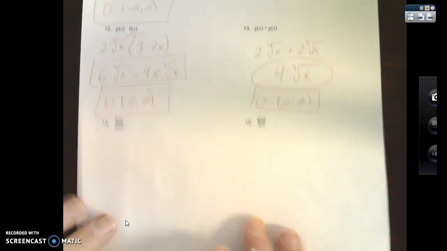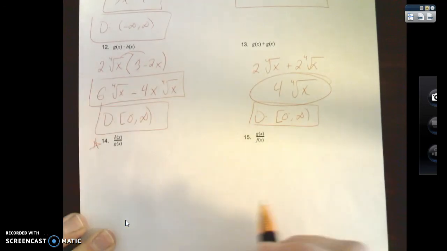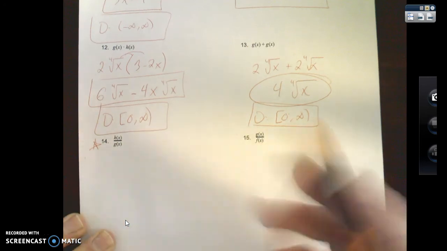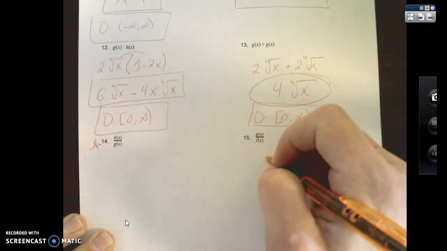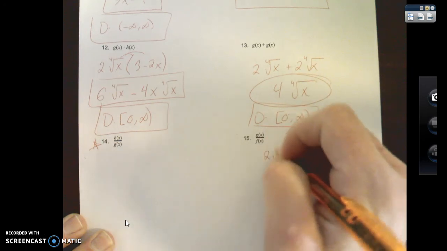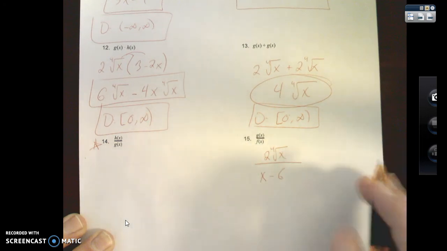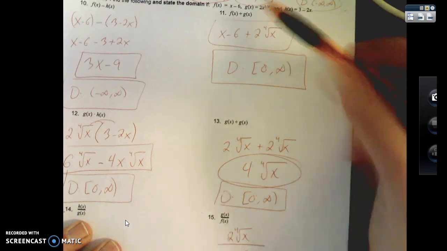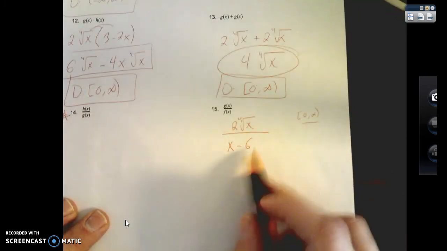Last two then, h of x over g of x. Now, this is actually the trickiest one I think we possibly have, so I'm going to save that one till the end. Actually, okay. So then g of x over here, g of x is 2 fourth root of x divided by x minus 6. Okay, this one's a little tough as well. I still have to take consideration that I need to have from 0 to infinity, right? But look at your denominator.